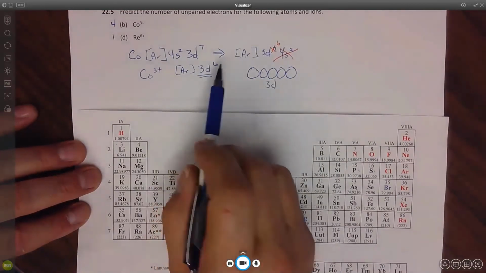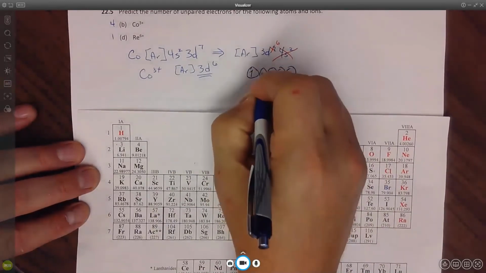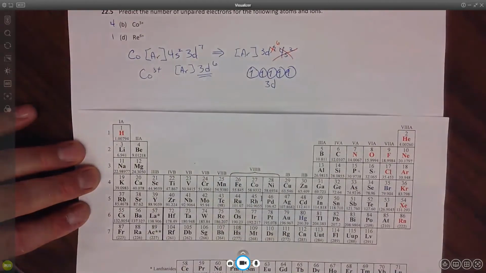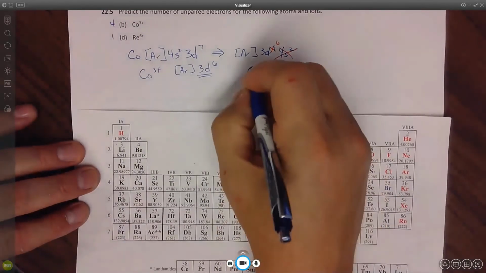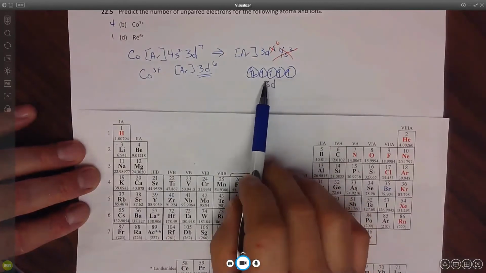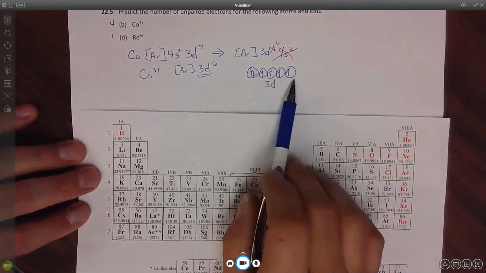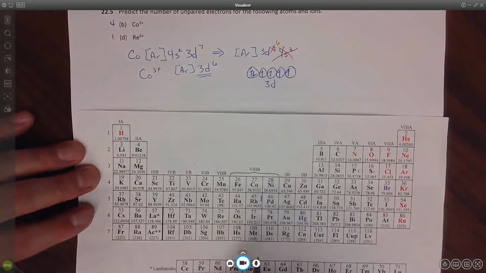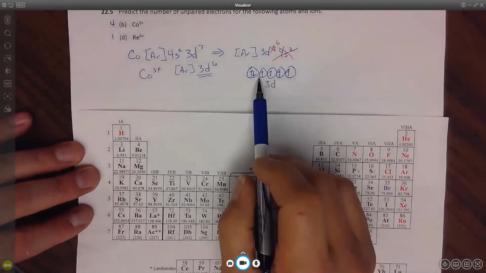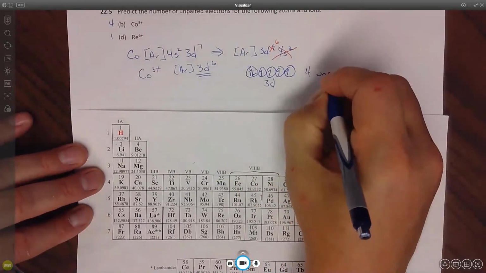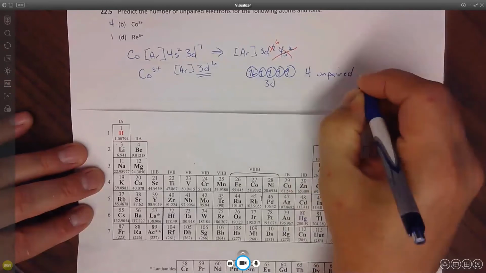There are 6 electrons. We fill them singly, according to Hund's rule. That's 5. We still have 1 left, so now we can come back and pair it up. It doesn't matter which orbital you put them in, they're degenerate. That means they basically have the same energies and the same properties, except their orientation in space is different. Okay? So that shows us that we do have 1, 2, 3, 4 unpaired electrons.